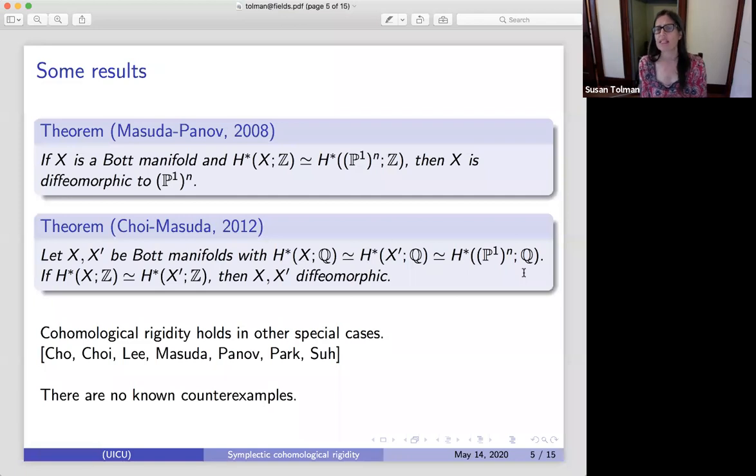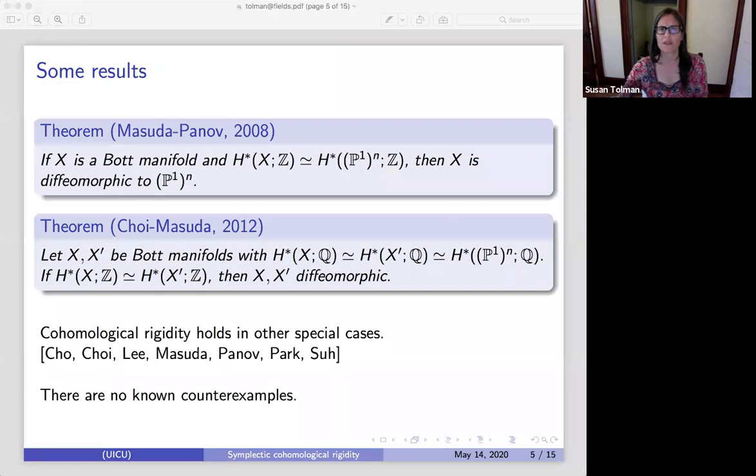Many of these focused on either more general things about Bott manifolds or generalized Bott manifolds. Generalized Bott manifolds are similar to Bott manifolds, but instead of having everything be P1, we allow different projective spaces. So it's a more general case.